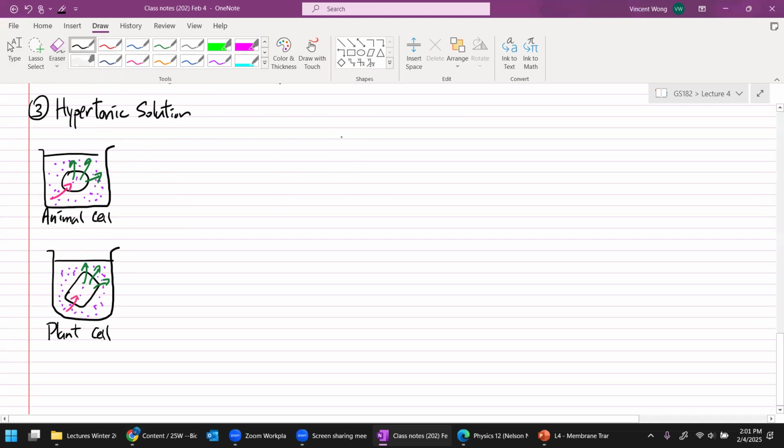So then the concentration of the solution in this case is greater than the concentration of the cytoplasm. And the rate of water moving out.